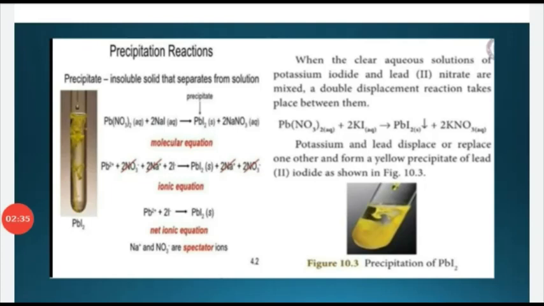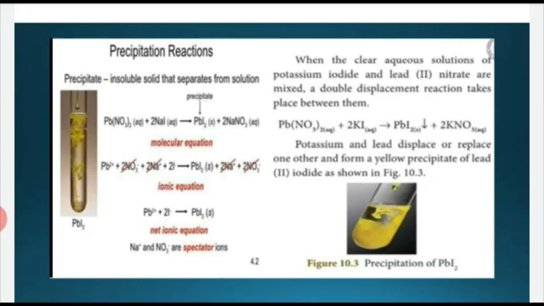The first type of double displacement reaction is the precipitation reaction. In this precipitation reaction, as we already discussed, the downward arrow mark indicates the precipitate. This precipitate will always settle down at the bottom of the test tube. You can see this picture.